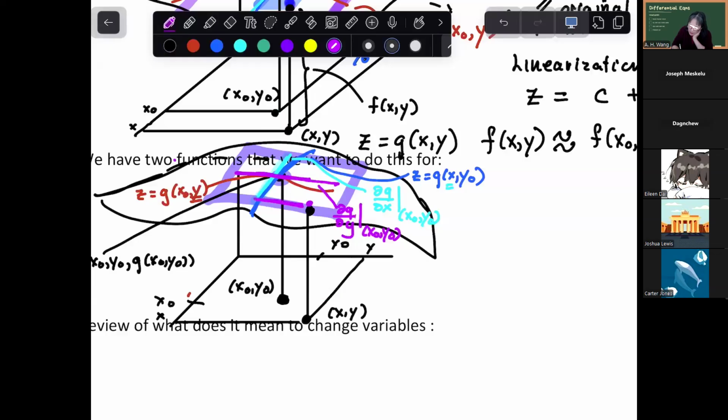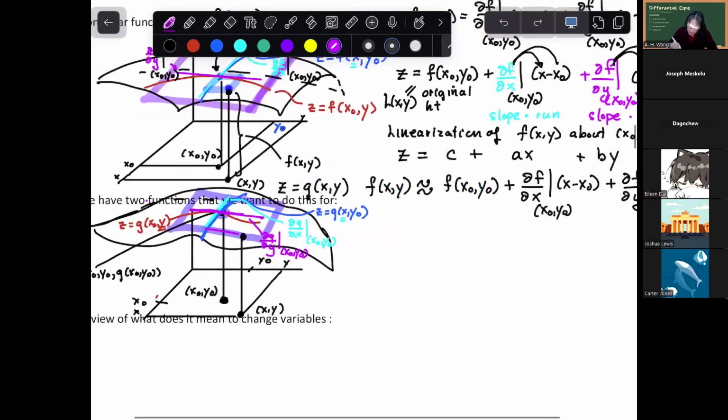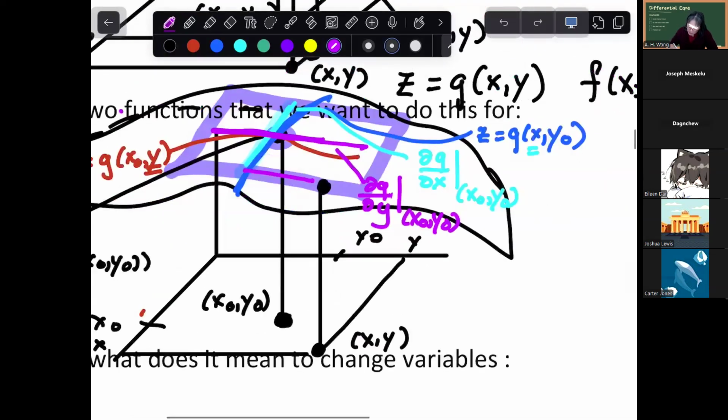It's going to hit right here, and there it is. That's the height you're going to get. What is the run? This distance is y minus y naught, and this distance is x minus x naught. So that's the run.